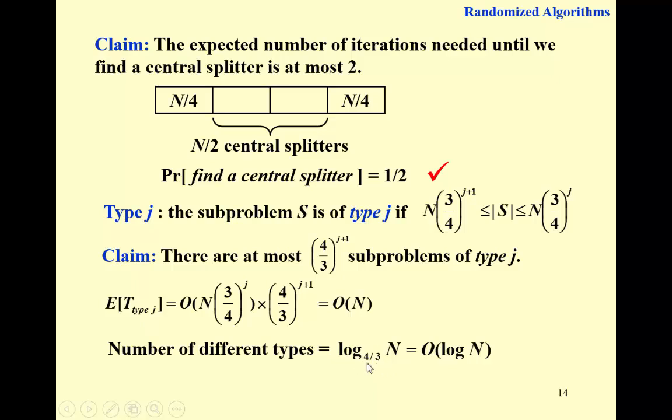But that 4/3 doesn't matter, it's only a constant. So it can be written as big O of log n. So this is the expected runtime for one type. And this is the number of different types. Put them all together, we obtain that the total runtime will be n log n. Okay, so it's not bad, although it requires a uniform random number generator, and that is expensive.